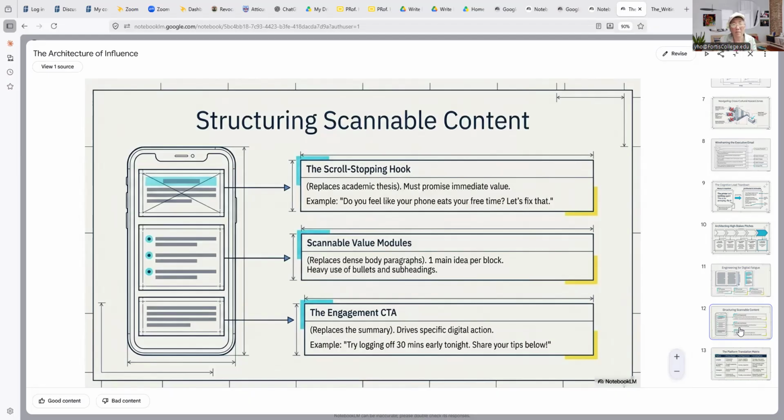Then you write the 3 body paragraphs, with one main idea per paragraph or per block. And then instead of a summary in the conclusion, you want a call to action. You make it very simple so that it can be easily scanned. Unless you're doing something like graphic design, or you're in some kind of creative field, then you can show off your creativity. But for everybody else, keep it simple so that it can be easily scanned.